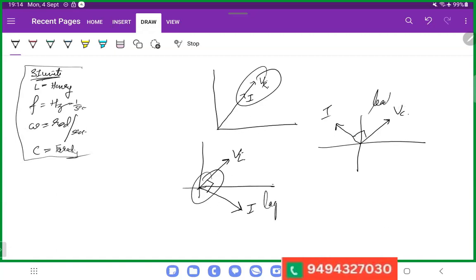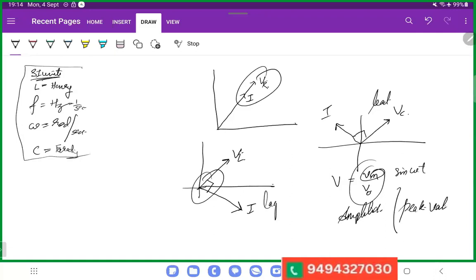Here leading voltage. So the general equation is V equals Vm sine omega t. Vm or V naught is the amplitude or peak value, the maximum value.